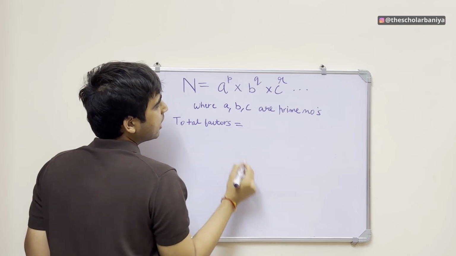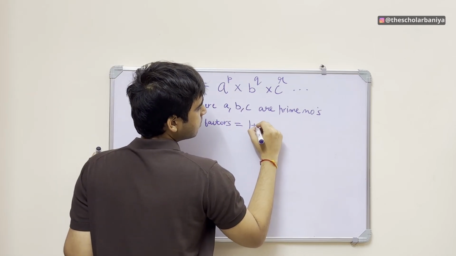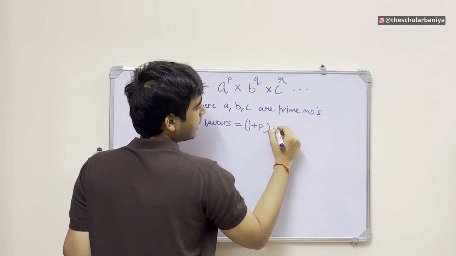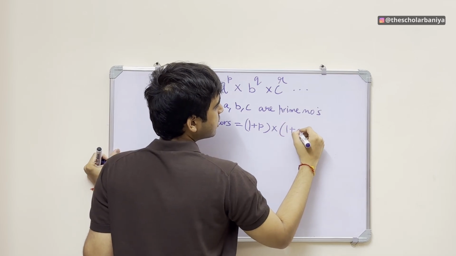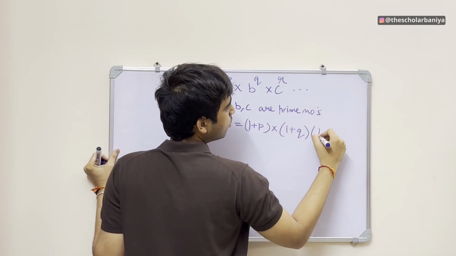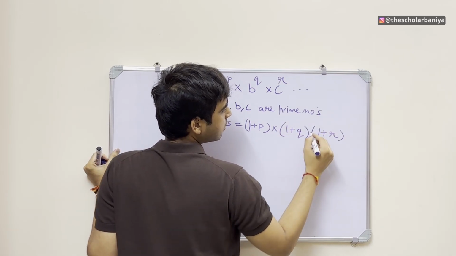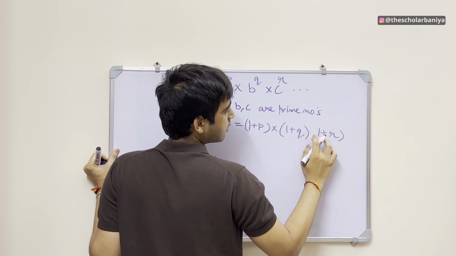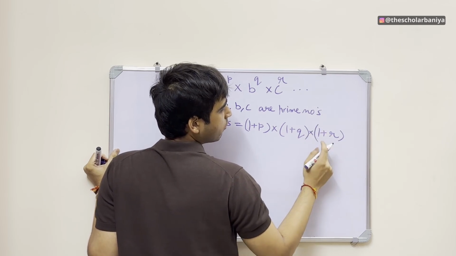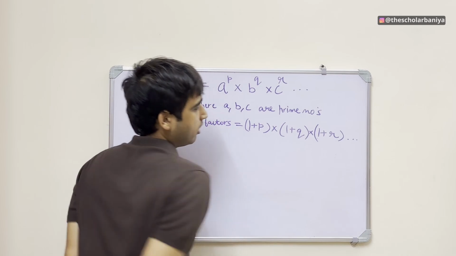is given by the formula 1 plus p into 1 plus q into 1 plus r, and so on.